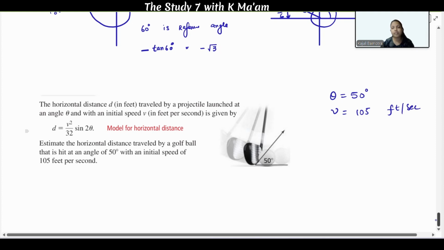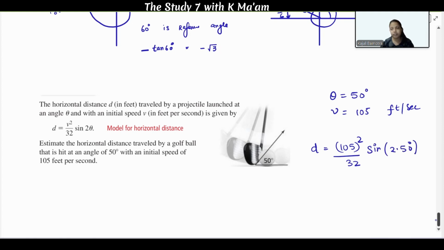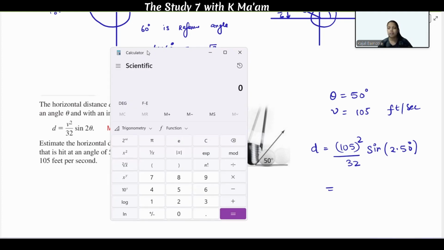So substitute these values. d is equal to 105 squared over 32 times sine of 2 times 50 degrees. If I look into this, 105 squared divided by 32, then you have to multiply this with sine of 2 times 50 degrees. 2 times 50 degrees means 100.